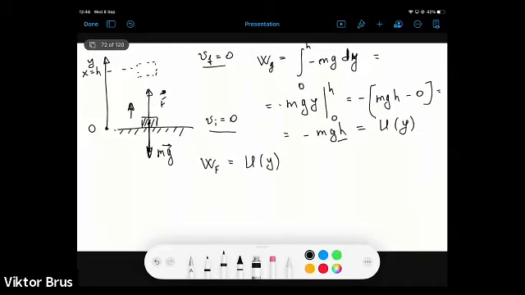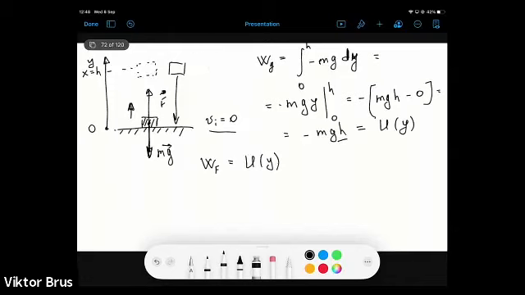Now we continue this consideration of this case, and then we have this body already here at the height h, and let it fall down. So if we let it fall down, now it will be different.